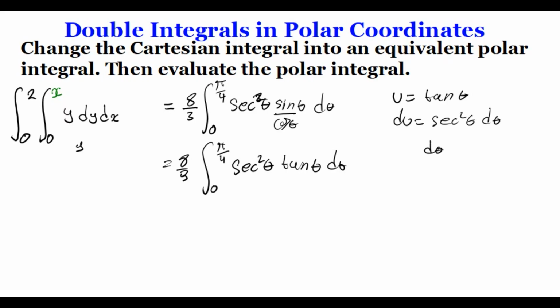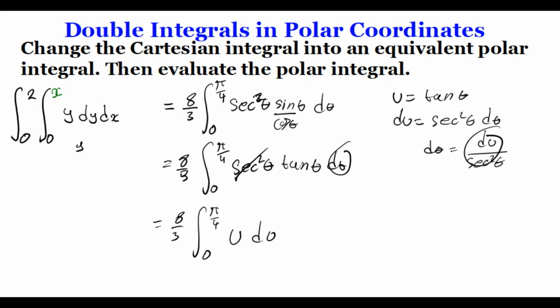So your d theta is actually equal to du over sec squared theta, like that. So this will be equal to 8 over 3, from 0 to pi over 4. You observe that the sec squared will be cancelled out, so you just have a u du. Where there is d theta, I substituted with this, then we cancel out the sec squared.